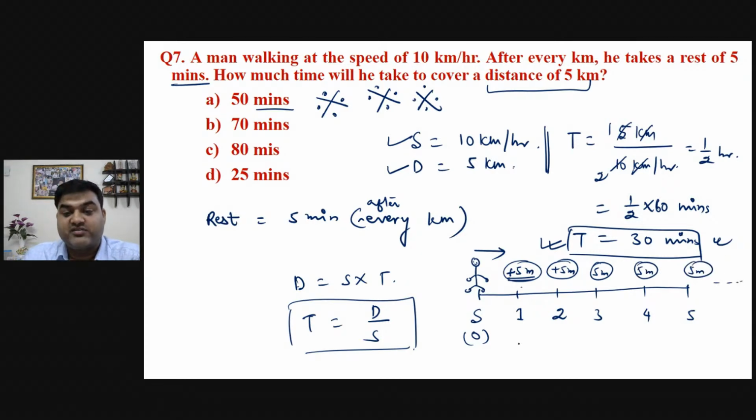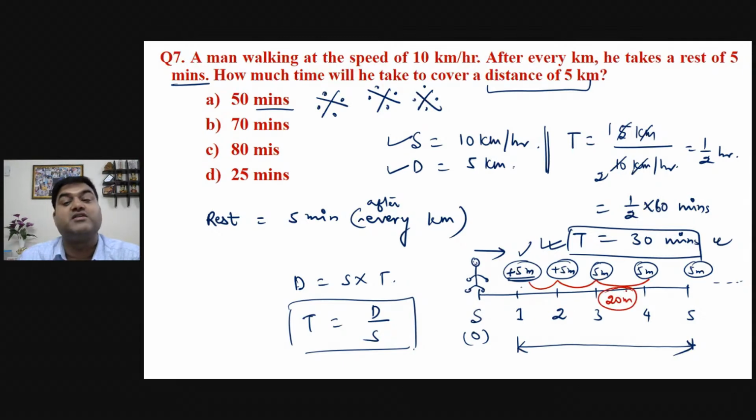Now try to understand what is the waiting time which we have to consider. Why does this 5 minutes have to be considered? Because the person has crossed 1 kilometer. After reaching 1 kilometer, 5 minute rest is taken. After reaching the second kilometer, another 5. So 5 plus 5 is 10, plus 5 is 15, plus 5 is 20. Till here 20 minutes of resting time we have already considered. Now let's try to understand 4 to 5.